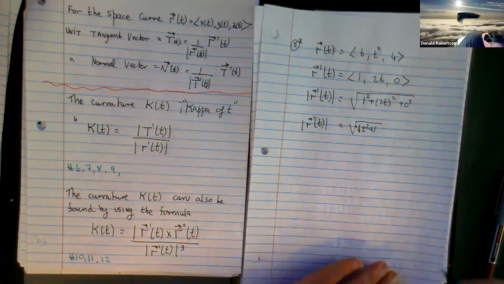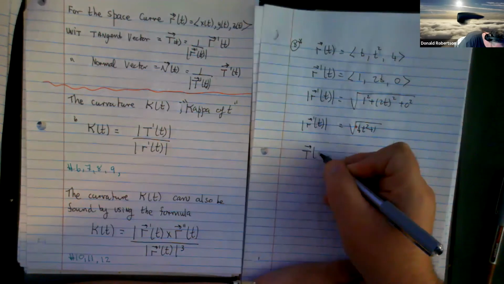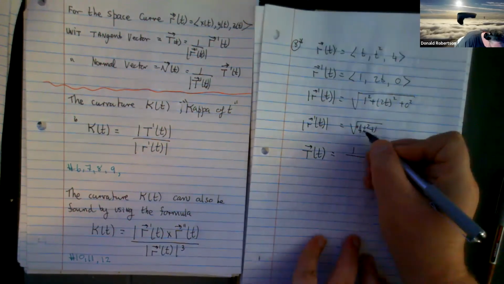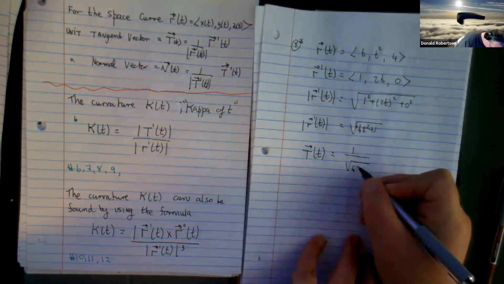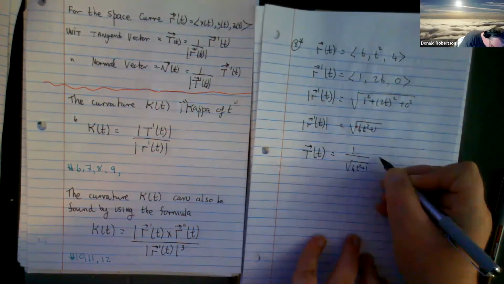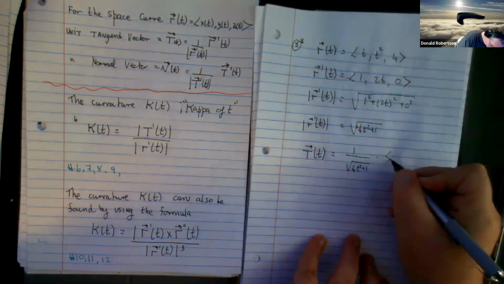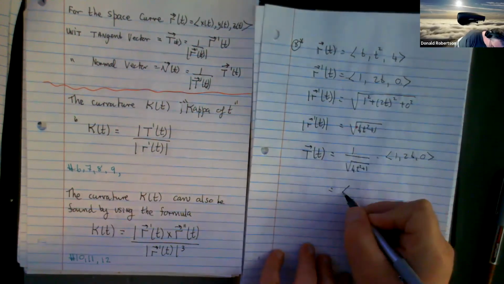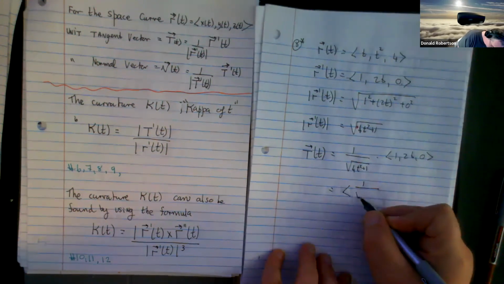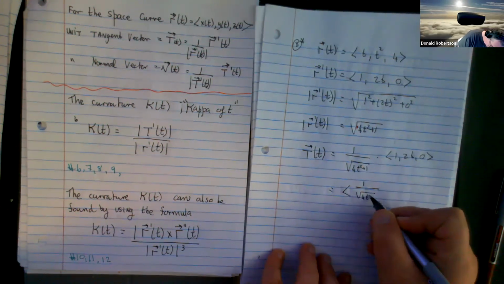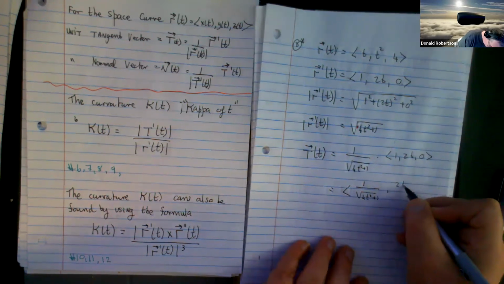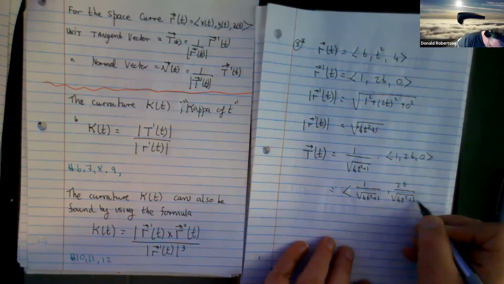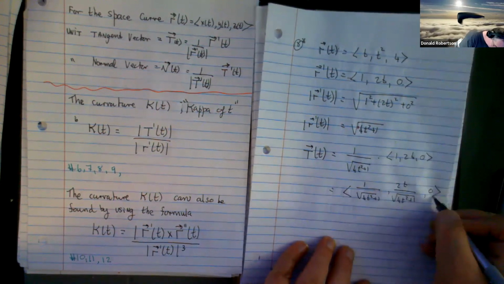Which means that the unit tangent vector is going to be 1 over that guy with this derivative. So I'm now going to put them together with a 1 over the square root of 4t squared plus 1, 2t over the square root of 4t squared plus 1, and a 0. It's the only decent piece of the answer.